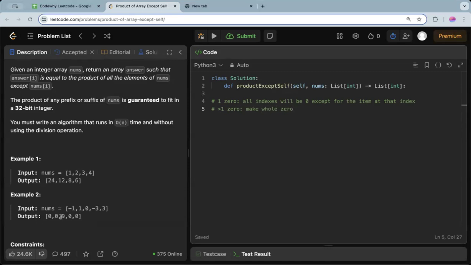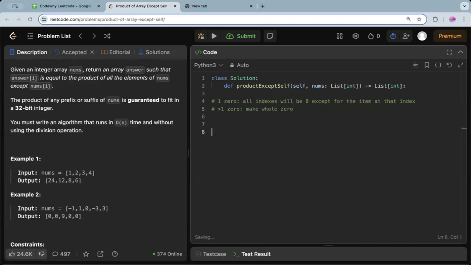Because if we mask one of them, let's say this is zero, and there was another zero, then the second we mask one of them, there'll still be a zero outside. If we mask this zero, there'll be another zero outside. So regardless of which, as long as there's more than one zero, we can assure that the entire product array will be filled with zeros. So these are the broad ideas that we need to think about.